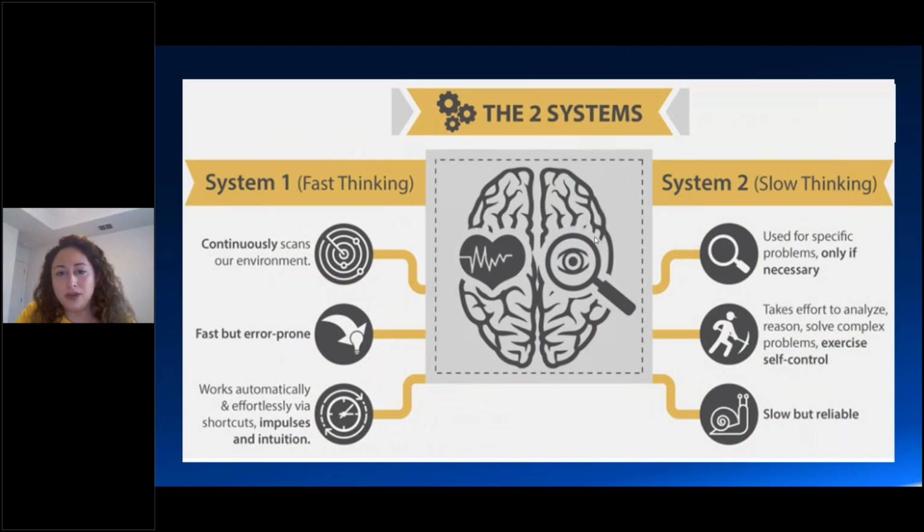So if we start with our bias, the two systems, we know that we have system 1 and system 2. System 1, we're probably using 95% of the day. So every time you are talking on the phone, you are talking with a patient, you're driving your car back home from your office, you're using system 1.